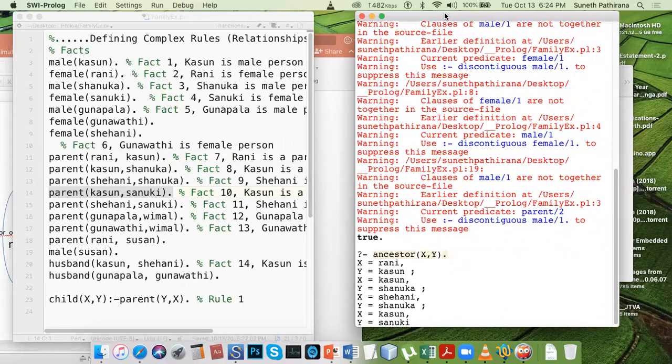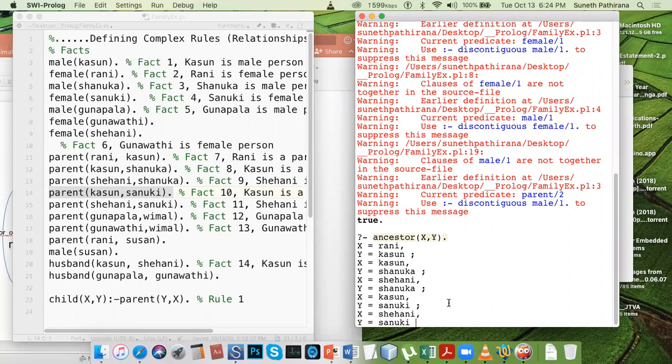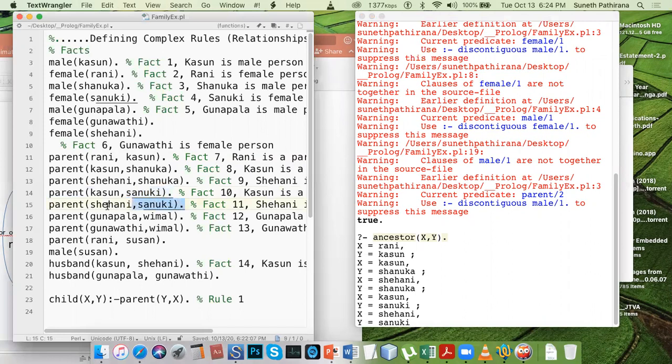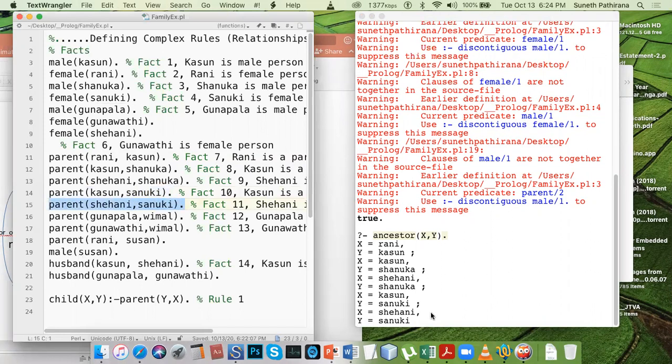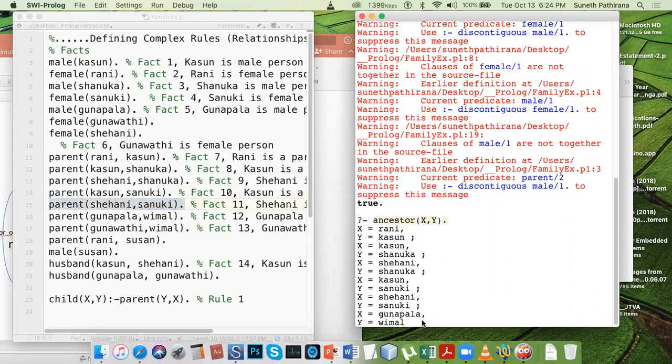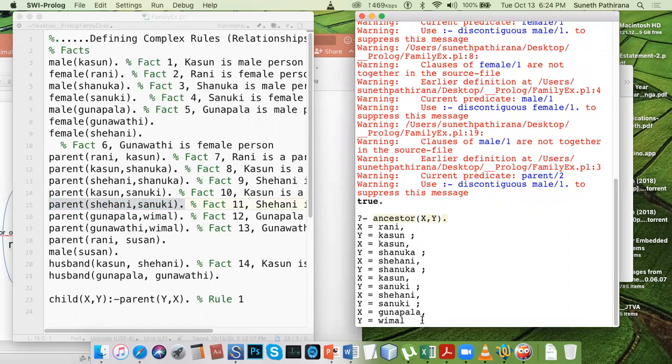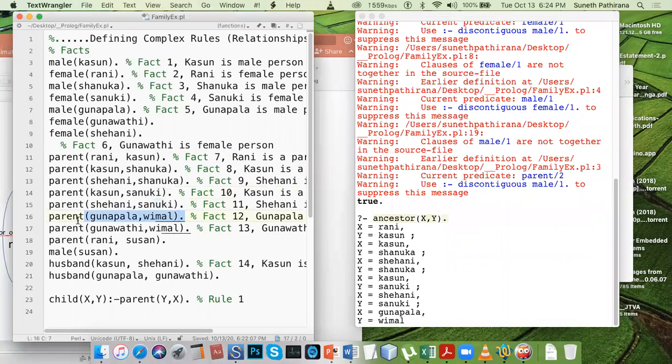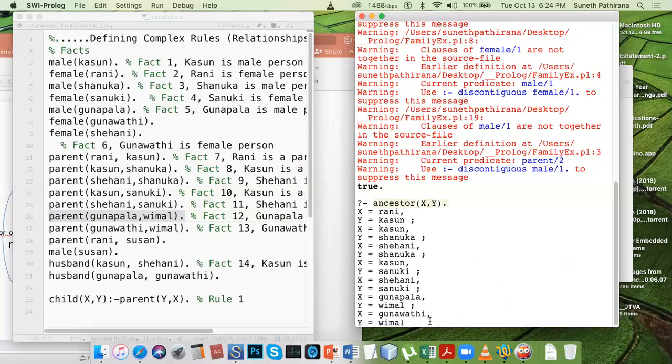Shihani and Sanuki. Yes, true. Then Gunapala and Vimal. According to the parent relationship, that is true. Gunavati and Vimal. Of course, it is true.